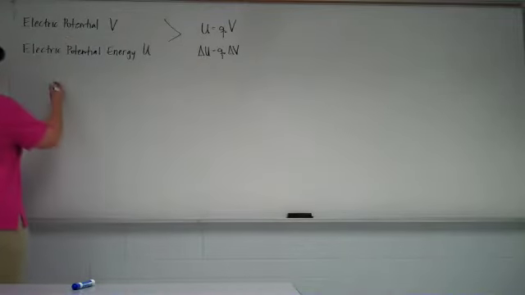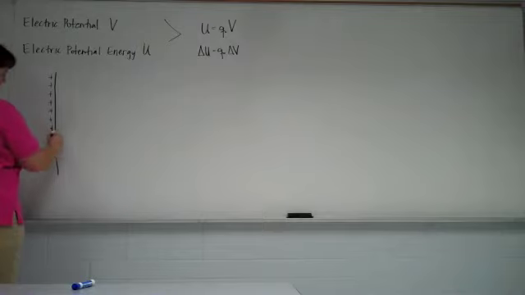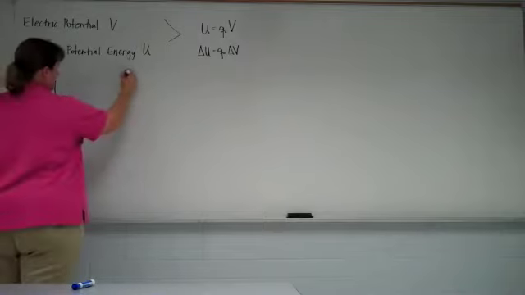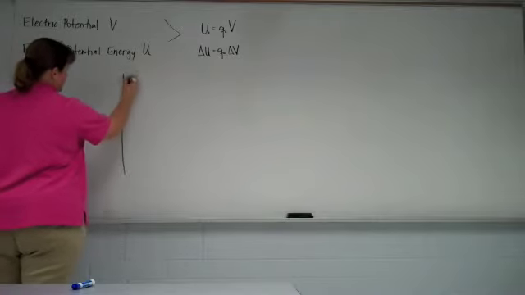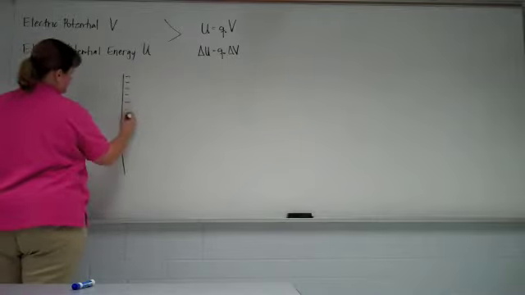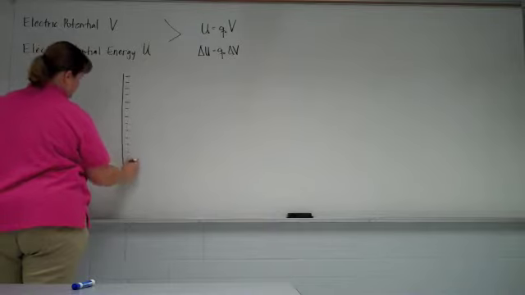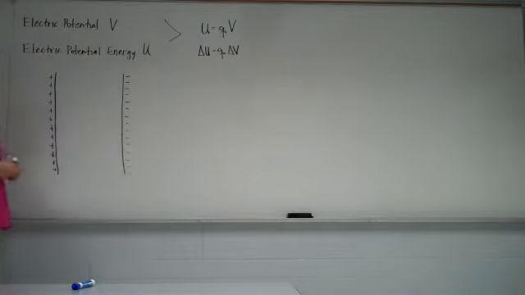So another example. Let's say we have two big parallel plates. One's positively charged, one is negatively charged. We know there's going to be an electric field between the plates.